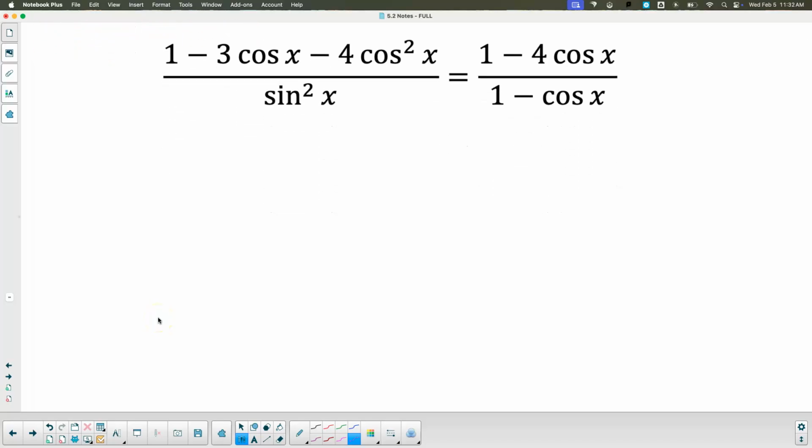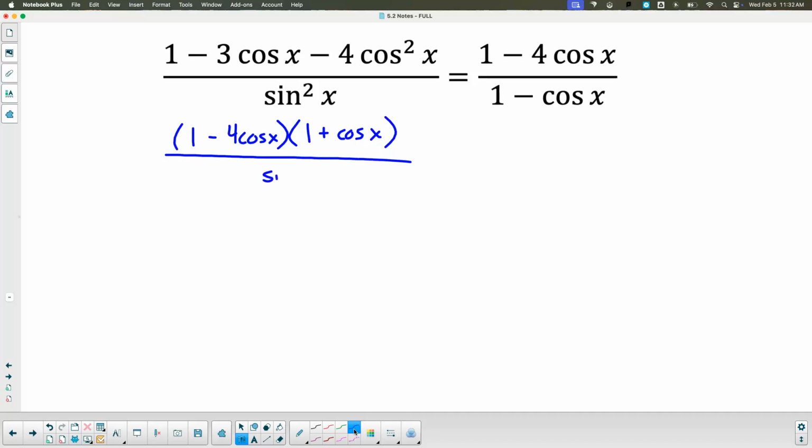If I factor the top, then that becomes 1 minus 4 cosine of x and 1 plus cosine of x, all of that still over sine squared of x. Agree? 1 minus 4 plus 1 gives me minus 3 cosine. Yep, so that factor's there.